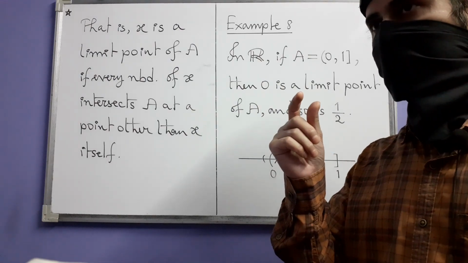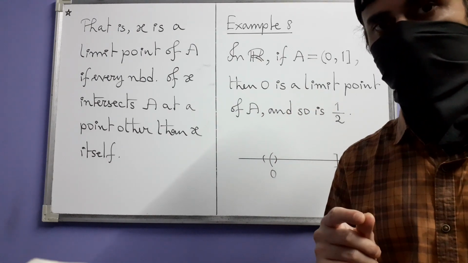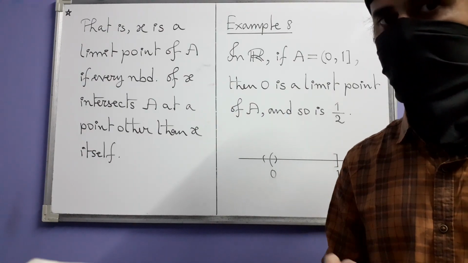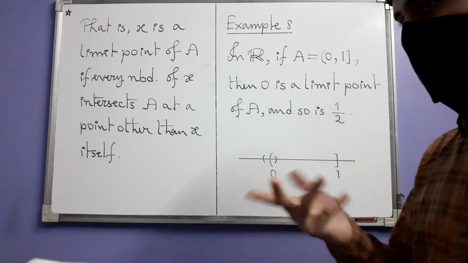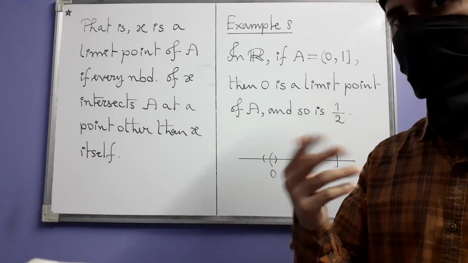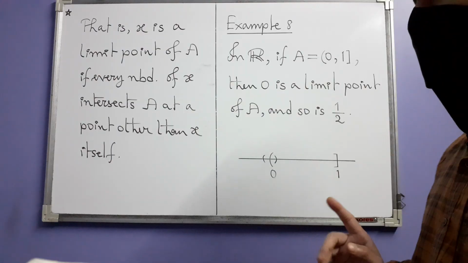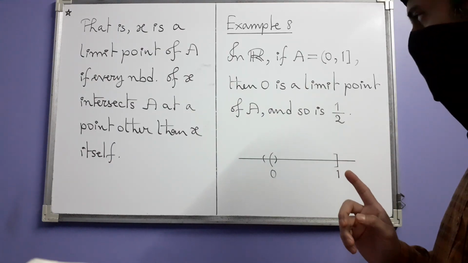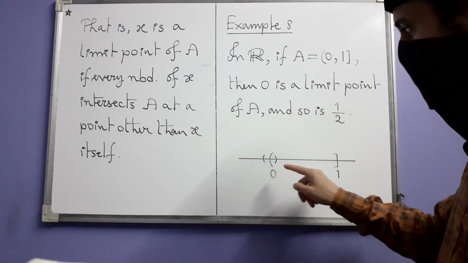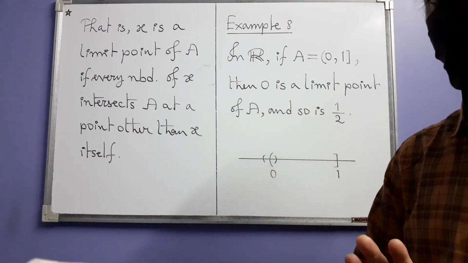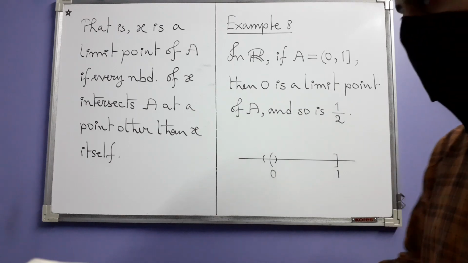So you consider any neighborhood U of 0, which by definition is an open set in R containing 0. Now that can be of any type. There are many different types of open sets in R, in the topology on R. But no matter what type of set U is, inside U there will be a basis element containing 0, which is an open interval.